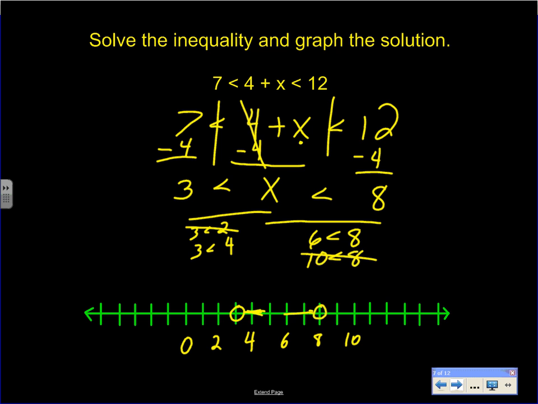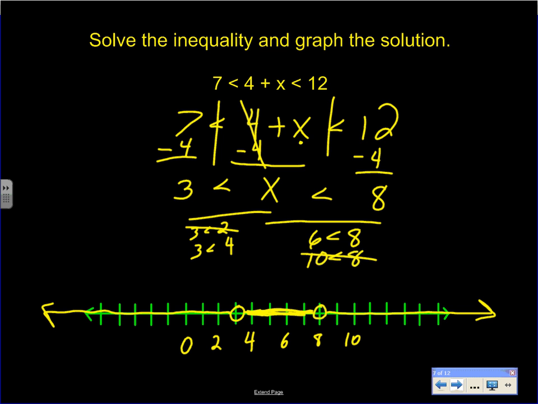And if we look, the arrows will be overlapping right here. The arrow from the 8 still keeps on going clear out here. And the arrow from the 3 still keeps on going clear out here.